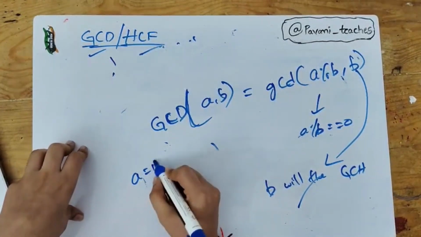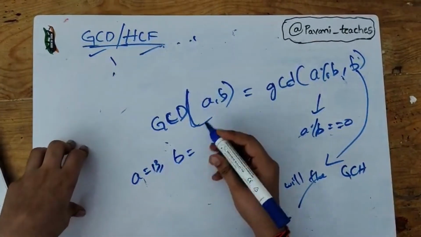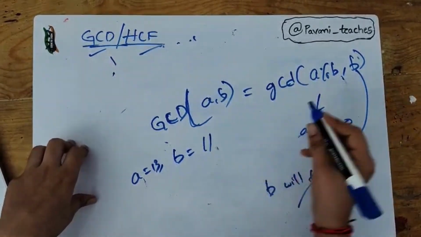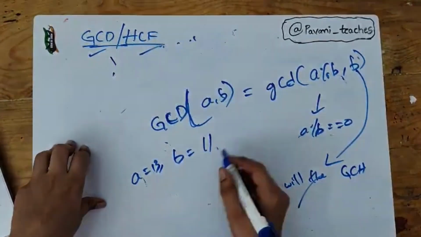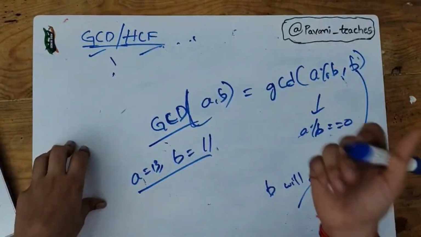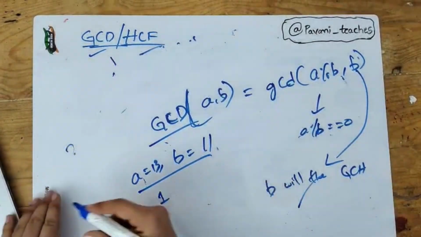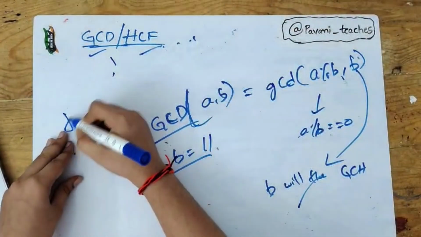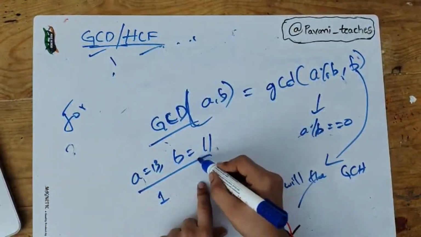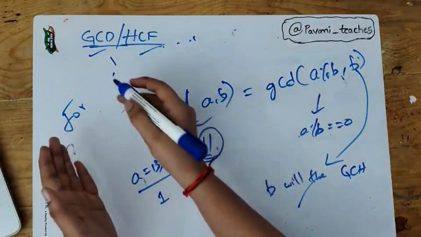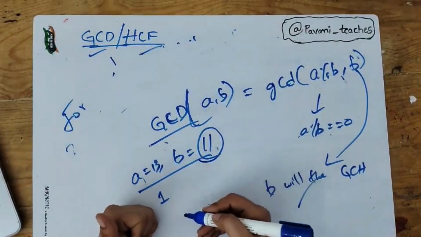Okay, I'm taking A value as 13 again and B value as 11. We already know the GCD is 1, but if we use the previous method, like a for loop checking until 11 iterations, we'll get the answer.